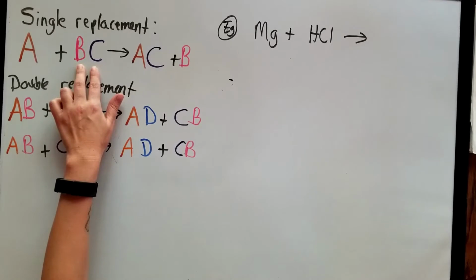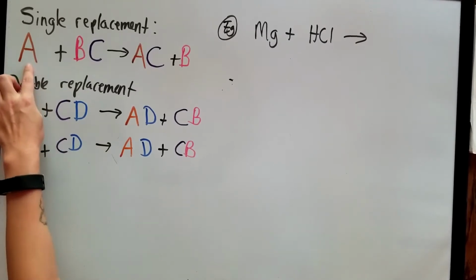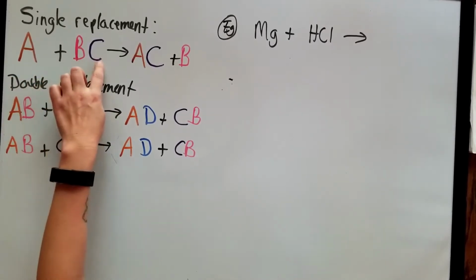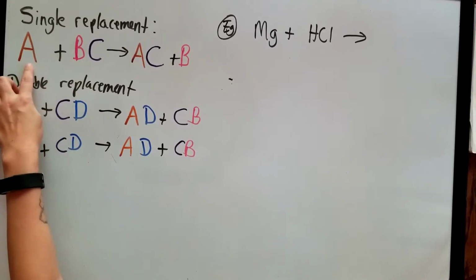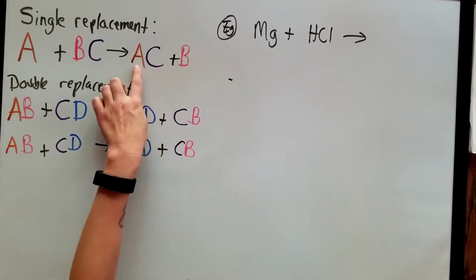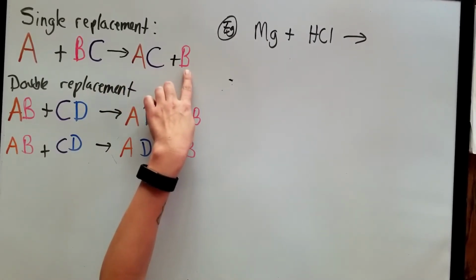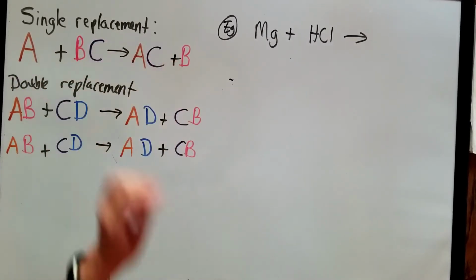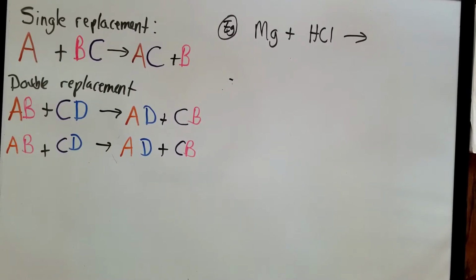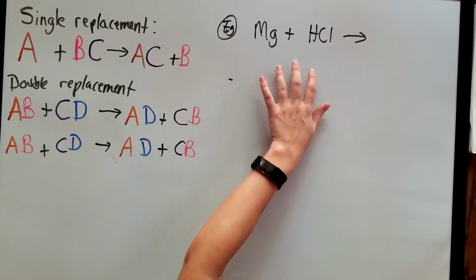Since it's a single replacement reaction, this element A by itself is going to replace one of the elements in the compound, so that A is no longer by itself on the product side. On the product side, A is now part of the compound, and B is an element by itself. So we need to be able to predict what exactly is happening there. We're going to focus on this one and predict some products.